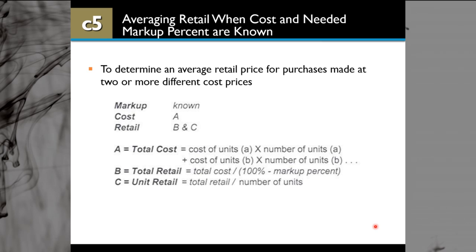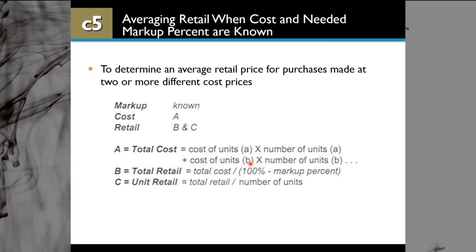And let's look at averaging retail when cost and needed markup percent are known. To determine an average retail price for purchases made at 2 or more different cost prices, if you know the markup, you can calculate cost, and also you can calculate the retail. And for A, total cost will be, and this will be given in the example too, you can calculate the total cost if you know the unit cost and number of units.